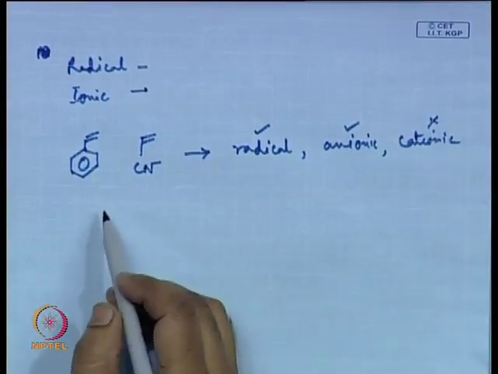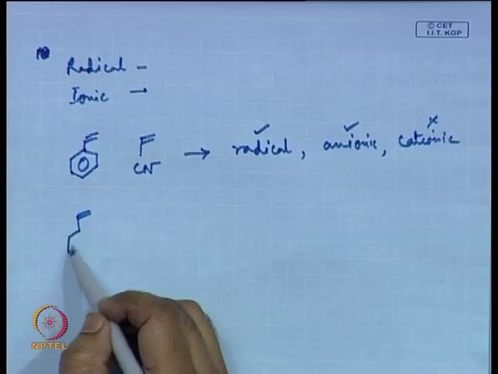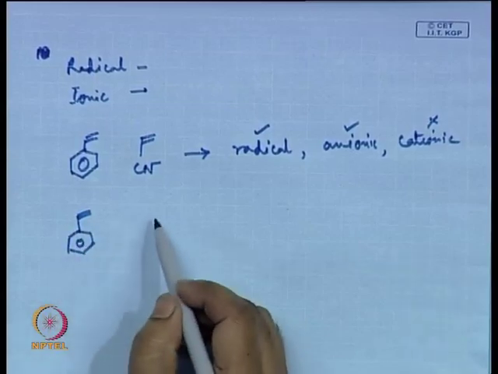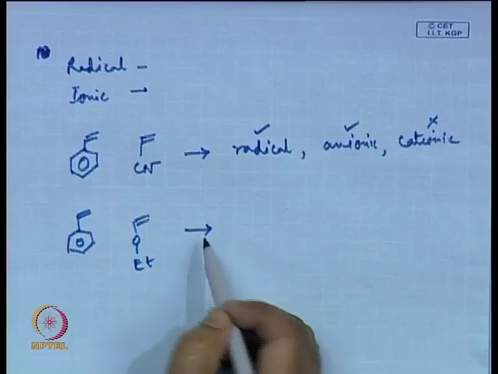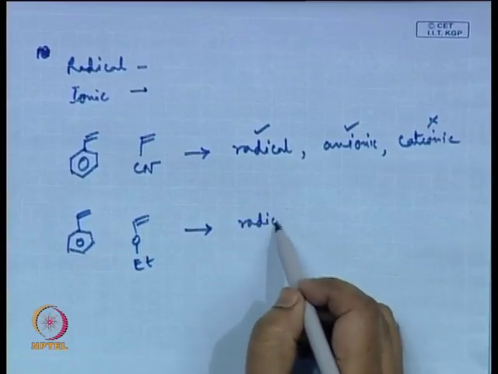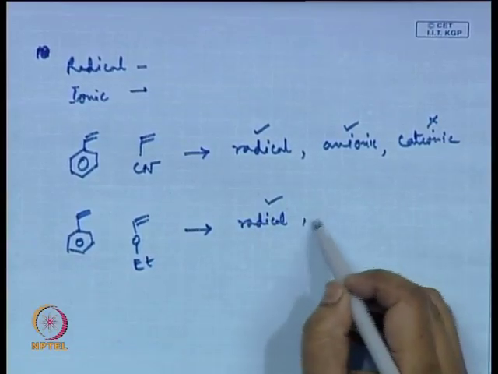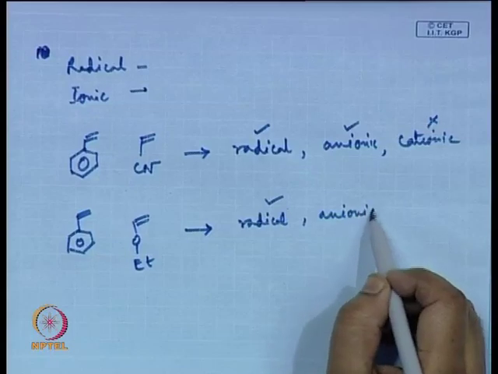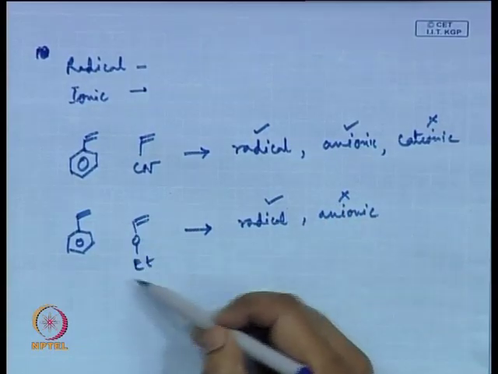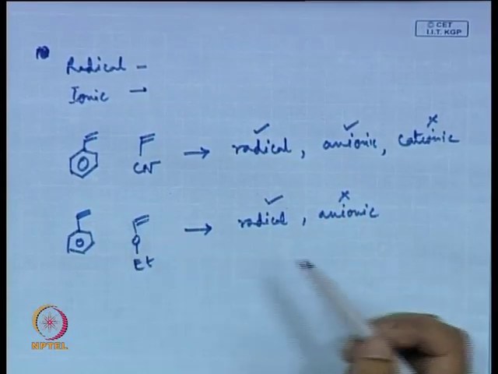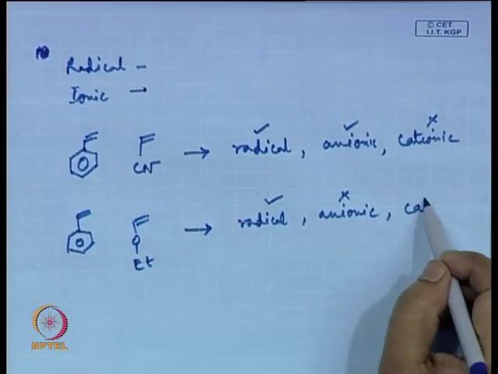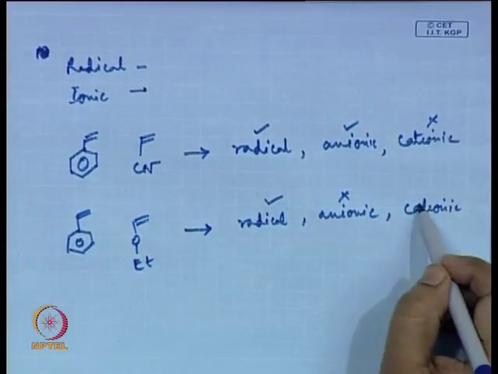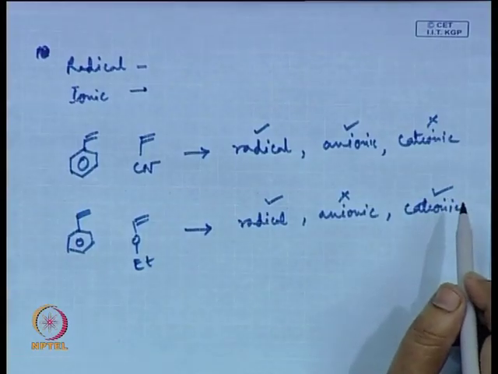Whereas, if I take styrene and say vinyl ether, again it can be polymerized by radical, it cannot be polymerized by anionic, but it can be polymerized by cationic polymerization.